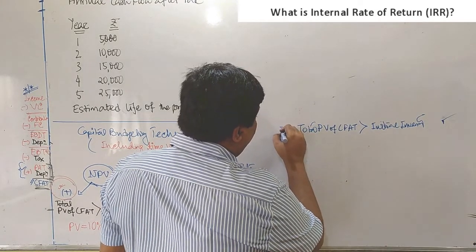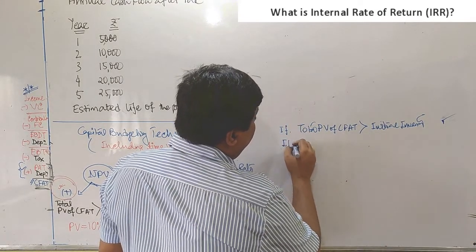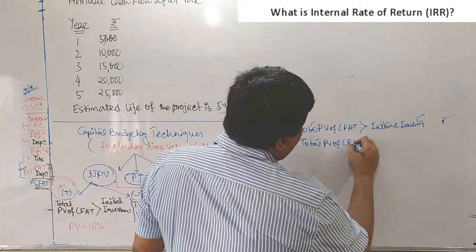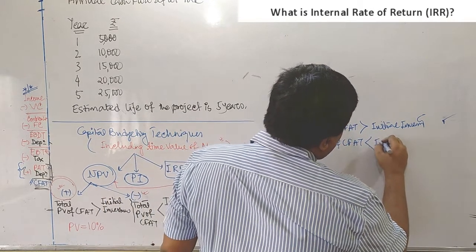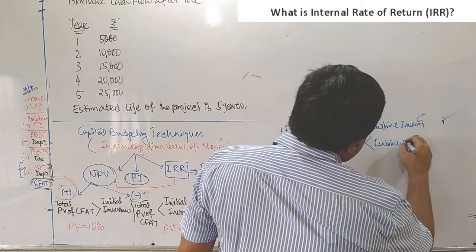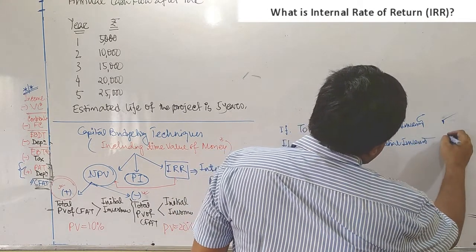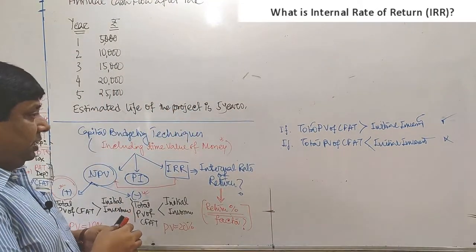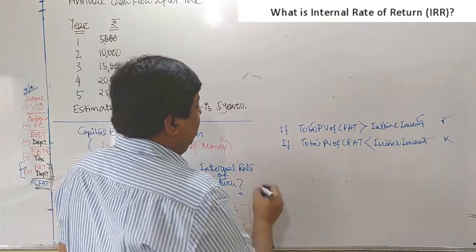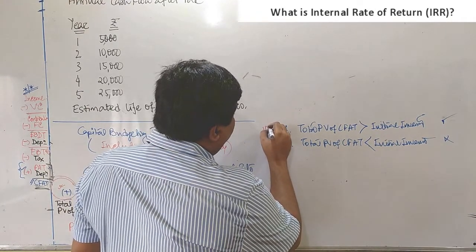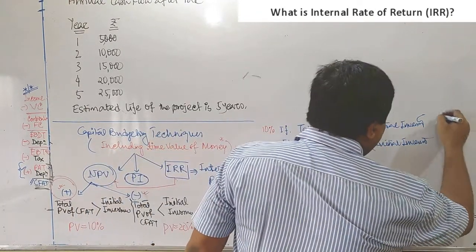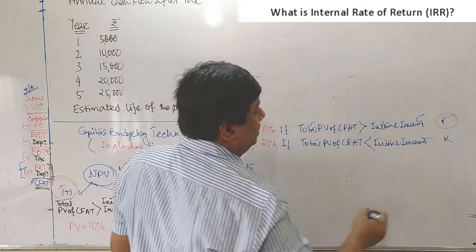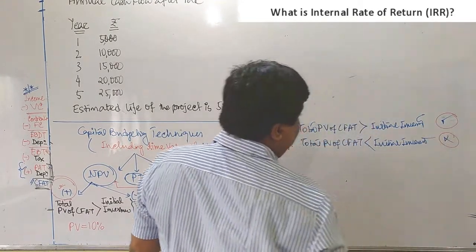If total PV of CFAT is less than initial investment, we are going to reject the project. Now, same project, suppose we apply a 10% PV factor, it is accepted. When we apply a 20% PV factor, it is rejected.